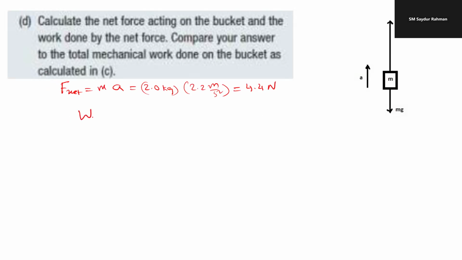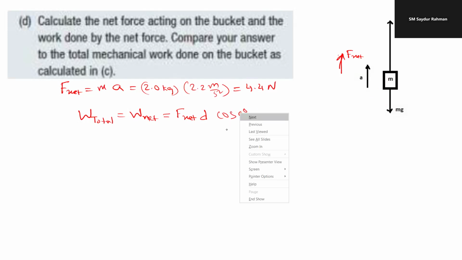The net work done is equal to F net times D times cosine 0 degrees, since F net is upward because the T is bigger. F net is always in the same direction as the acceleration or the bigger force, and since the net force and the displacement are in the same direction, the angle is 0 degrees.